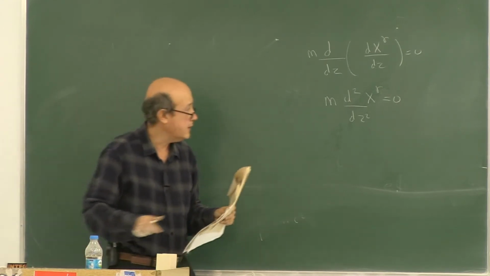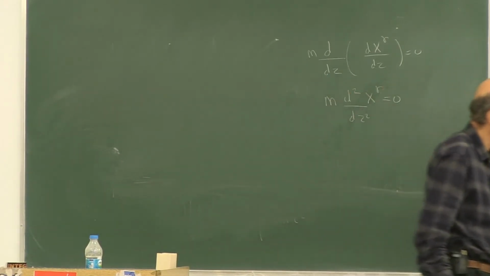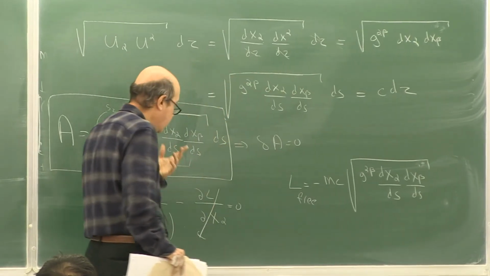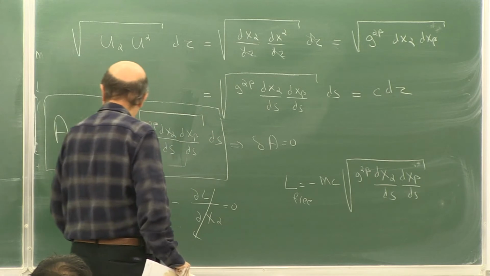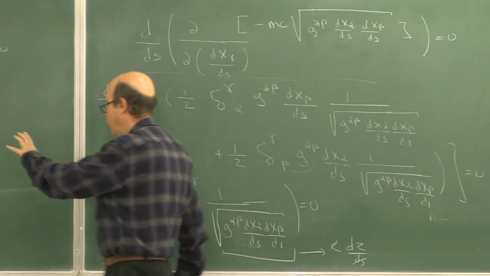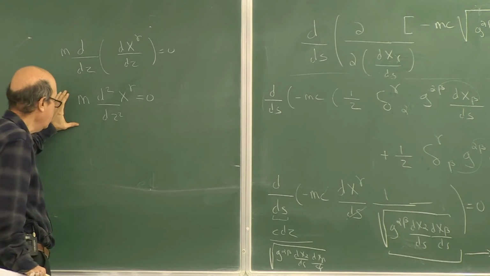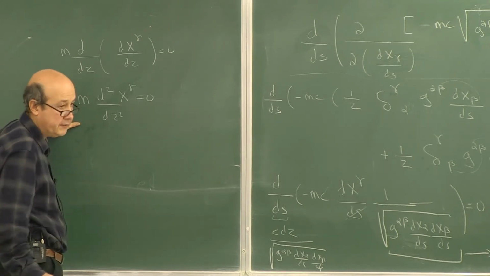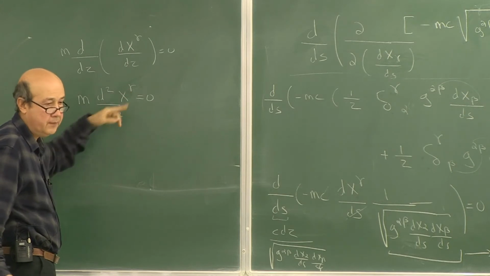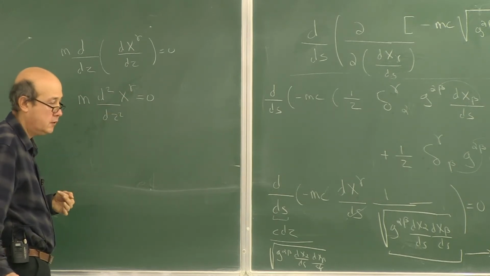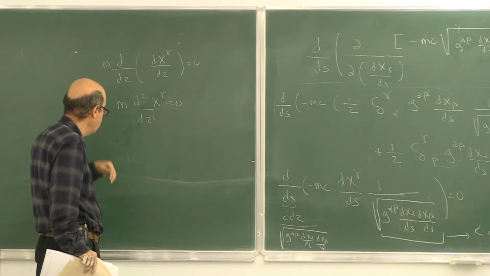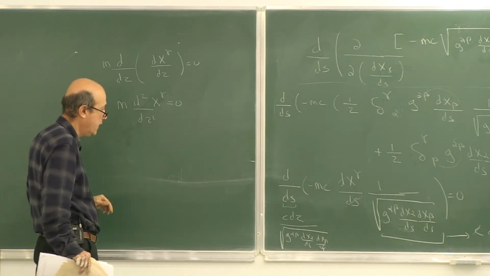So this is the manifestly covariant form of the free Lagrangian. This is the Euler-Lagrange equations, and if you apply them, we find the 4-dimensional equation of motion of the relativistic charge. 0 corresponds to ct, the time coordinate, and 1, 2, 3 represent the space coordinates of the charge, taken with the second derivative with respect to the proper time.